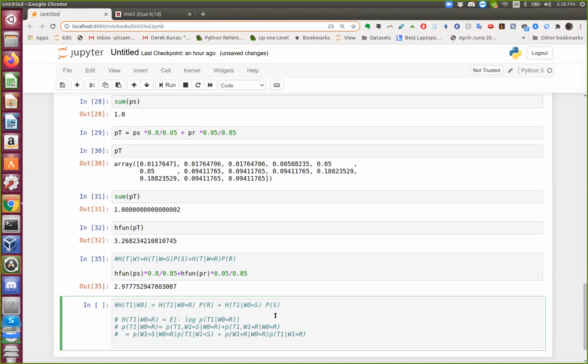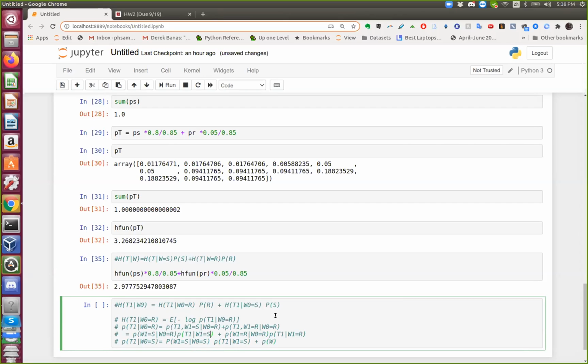Then let's see. In a similar token, I can have P(T1 | W0 = Sunny) equal to P(W1 = Sunny | W0 = Sunny) times P(T1 | W1 = Sunny), plus P(W1 = Rainy | W0 = Sunny) times P(T1 | W1 = Rainy).